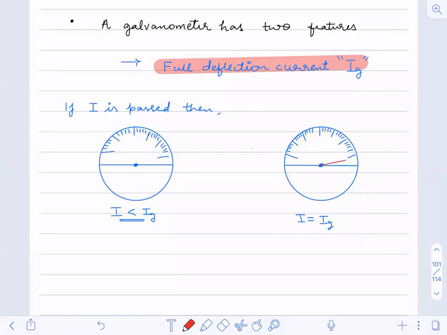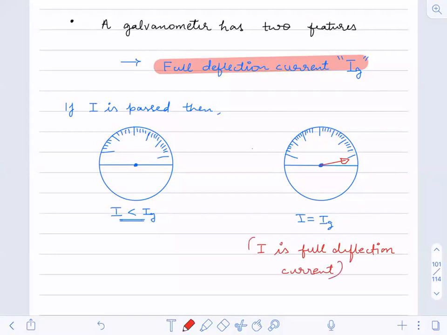Is it a full deflection now? Yes, it is a full deflection. So can I say that I is the full deflection current?